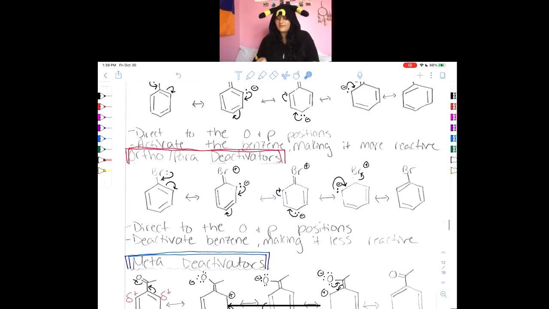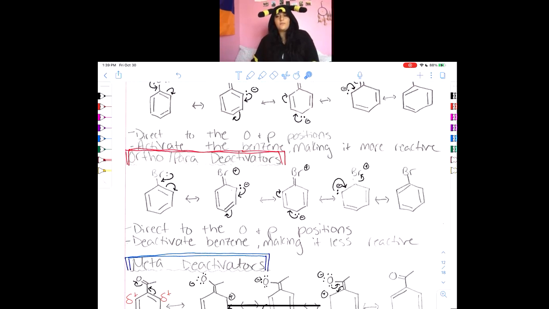For ortho-para deactivators, these are only going to be halogens, so I'll even write that down. So the ortho-para directors, aka halogens, when you do resonance, they are going to give you a negative charge on the ortho and para positions, which means that you will be an ortho-para director because those positions will be the most nucleophilic.